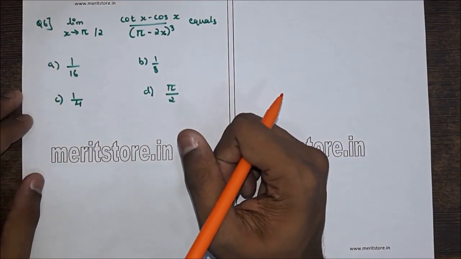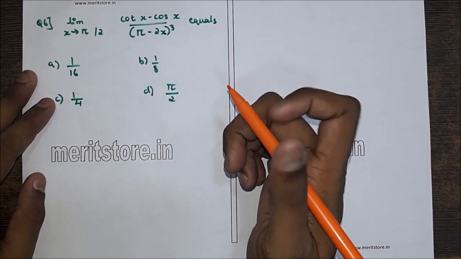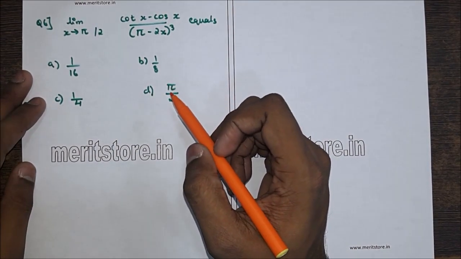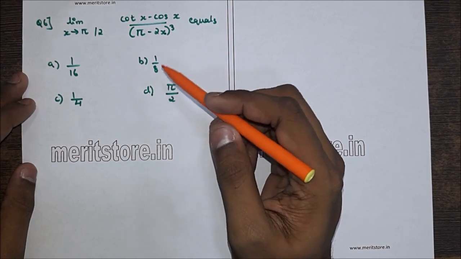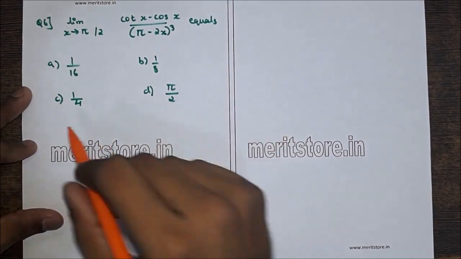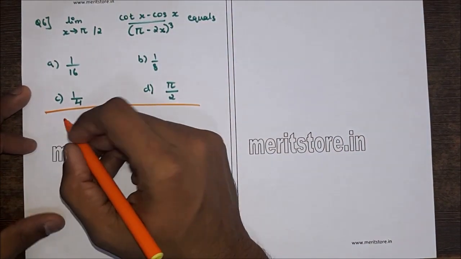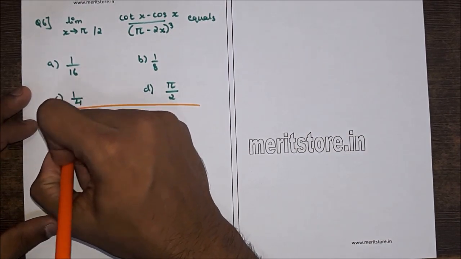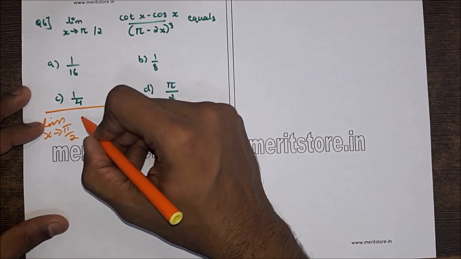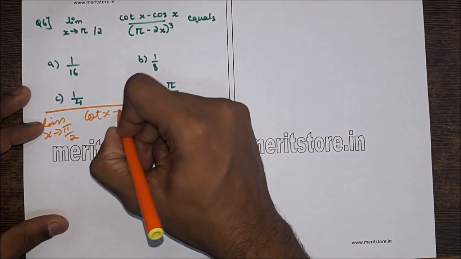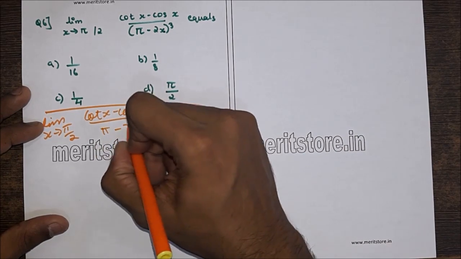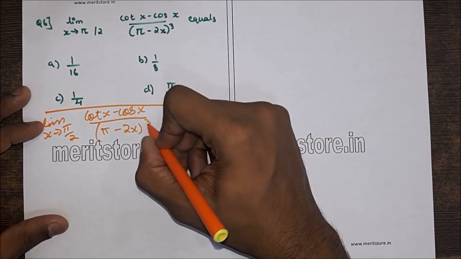Limit of x tends to pi by 2, cot x minus cos x upon pi minus 2x the whole cube equals A 1 by 16, B 1 by 8, C 1 by 4 or D pi by 2. So first we have limit of x tends to pi by 2 into cot x minus cos x upon pi minus 2x the whole cube.